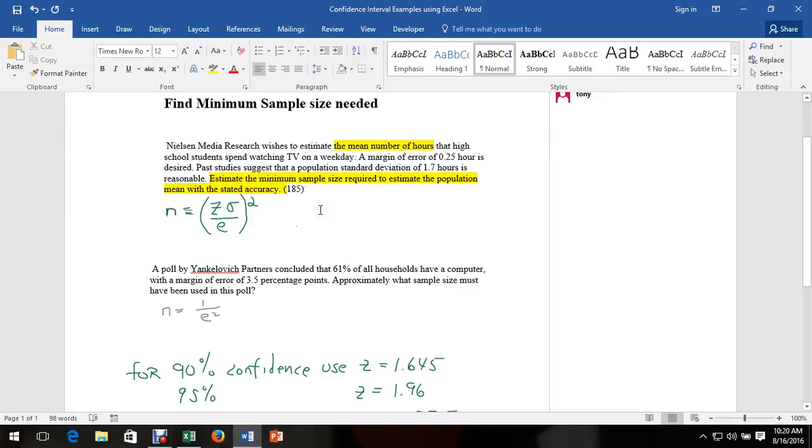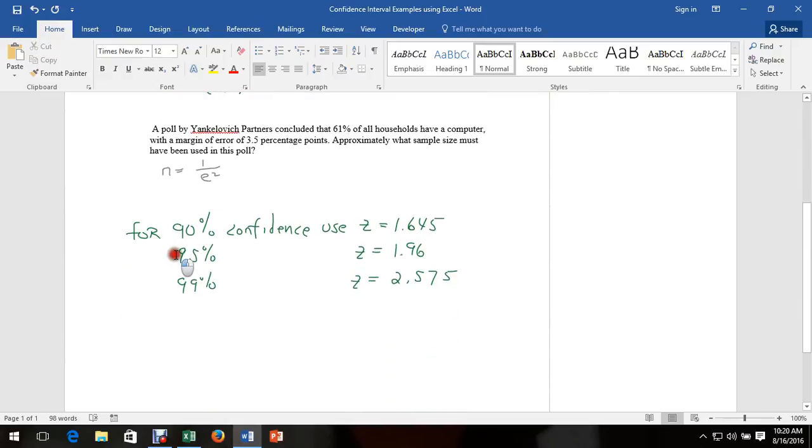It's z sigma over E all squared. Z is simply a number based on the degree of confidence you want. Now, it doesn't say here what confidence. So if it doesn't say, then you always assume 95% confidence. So for 95% confidence, you always use z equal to 1.96. If it tells you you want a 90% confidence in your results, you use a z of 1.645.